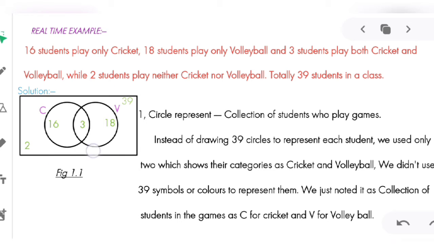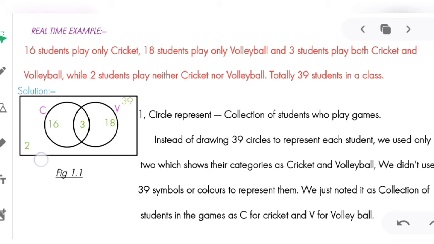Here, we have a square that denotes the total number of objects in a set. And how do we denote the students who never play cricket or volleyball? Yeah, this is the area which represents the objects which are not in our taken collections, or not in our determined collections.